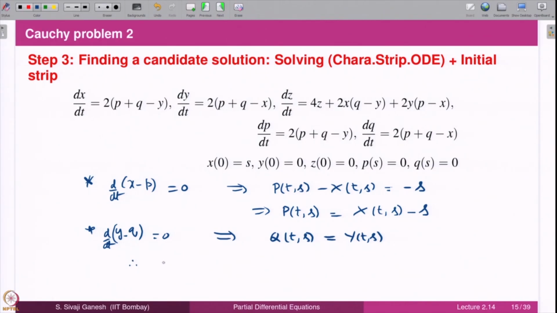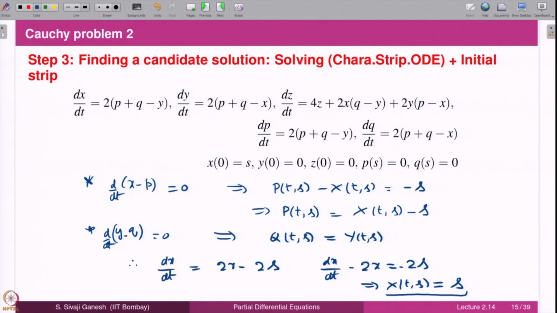Therefore, the equation for x, we may write it as 2x minus 2s. Okay. So, that is nothing but dx by dt minus 2x equal to 2s, and integrating this, we get x(t,s) equal to s.